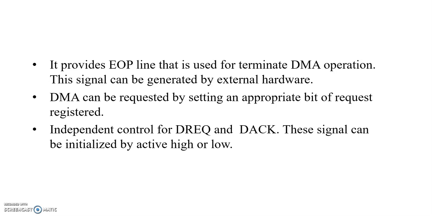This signal can be generated by external hardware. The DMA can be requested by setting an appropriate bit of the request register. It has independent control for DREQ and DACK, the acknowledgement. These signals can be initialized as active high or active low.